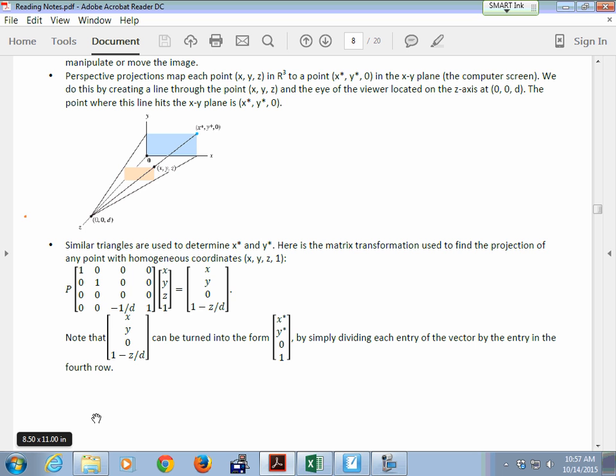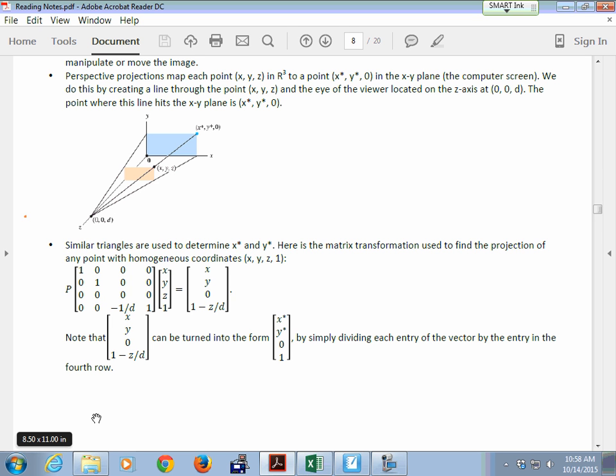So you land in the xy plane, right? So it sort of takes things that are 3D and pushes it all down into the xy plane. Okay, so we do this by creating a line through the eye of the viewer, which is on the z-axis at 0, 0, d. And the point where this line hits the xy plane, we call x star, y star, 0.